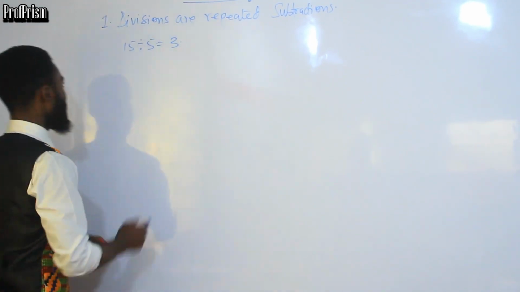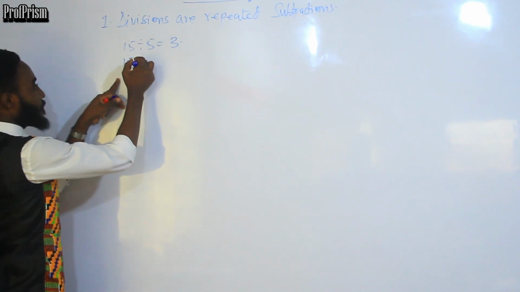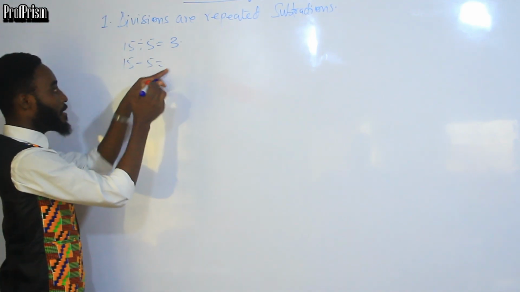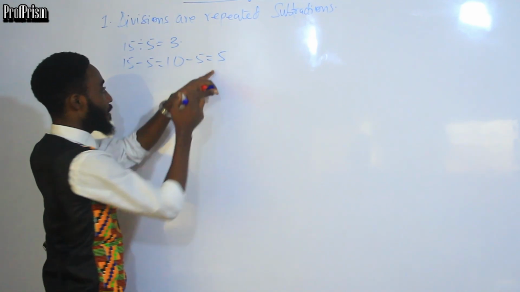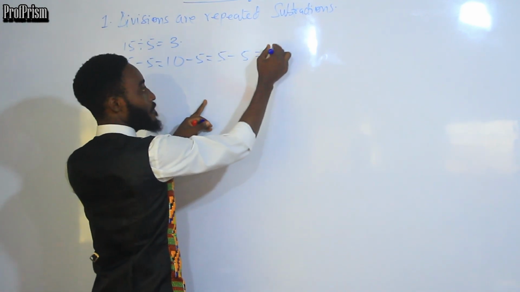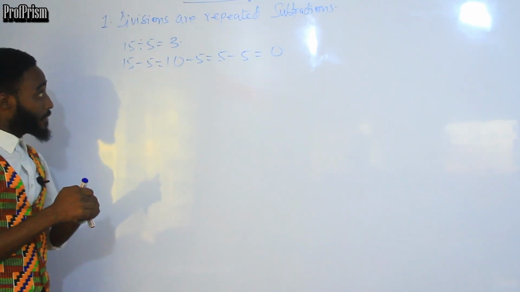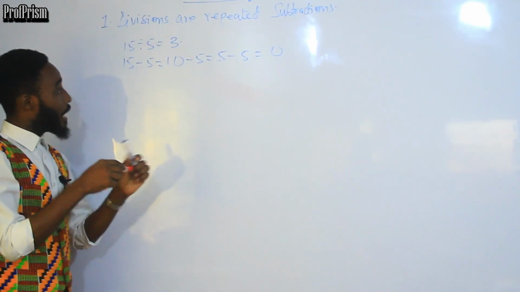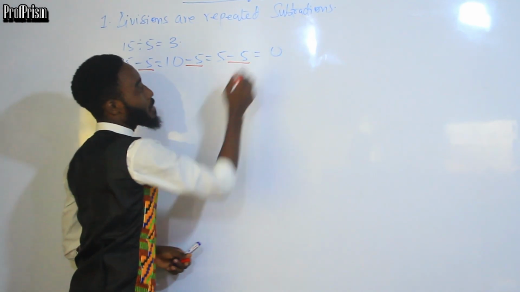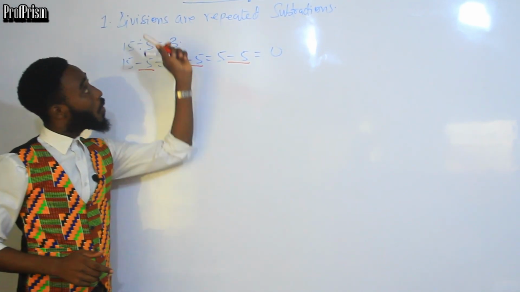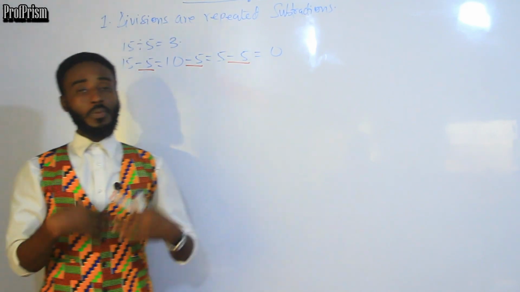So 15 minus 5 gives me 10. 10 minus 5 gives me 5. 5 minus 5 gives me 0. So it's 3, because I've subtracted 5 three times to get to 0. So divisions are also repeated subtractions.